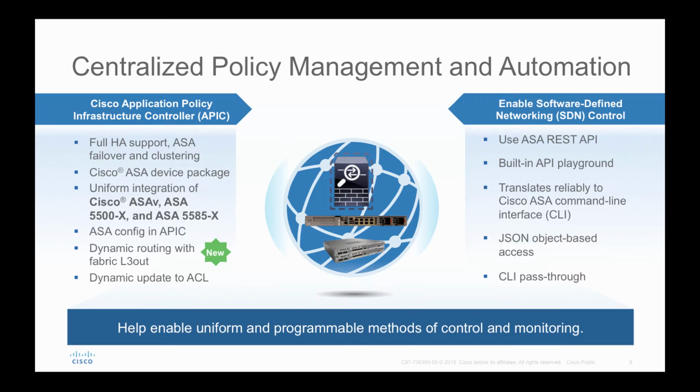We have a device package available for ASAv, which enables you to stitch ASAv into the traffic path and lets you configure ASA config, dynamic routing with fabric L3 out, or dynamic ACLs. The right-hand side of the slide talks about Cisco ASAv programmable and API-driven policy management and control.